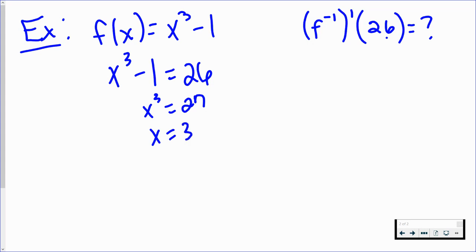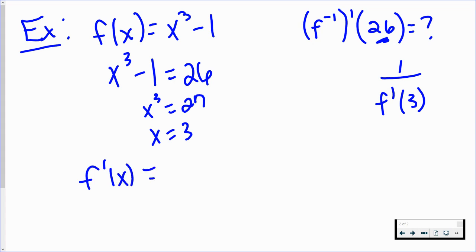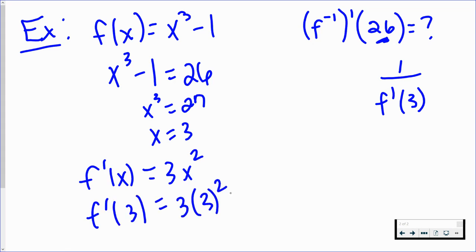Okay, so now we know the x coordinate. Remember the rule we just said. If this is the b, then this is going to be equal to 1 over f prime of the a, the x coordinate in the f, which is 3. So we have to find f prime of 3. f prime of x, the derivative, would be 3x squared. f prime of 3 is going to be 3 times 3 squared, which ends up being 27.